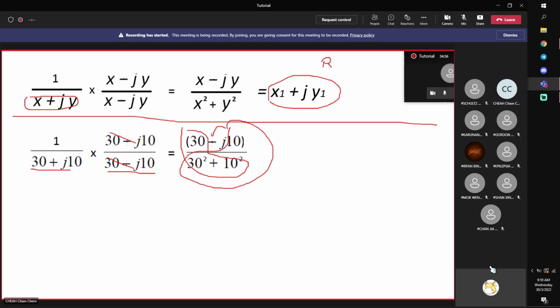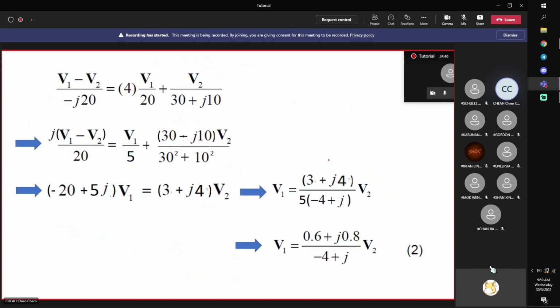So I get this converted into a rectangular form. Then, simplifying it, group all the V1, V2 together, right? You need to add and subtract, that's why I keep it in rectangular form. And then I can get this equation.